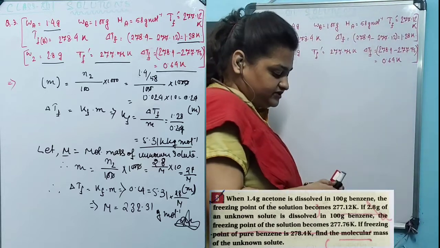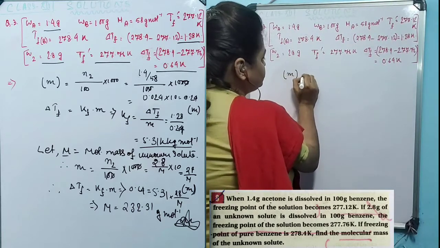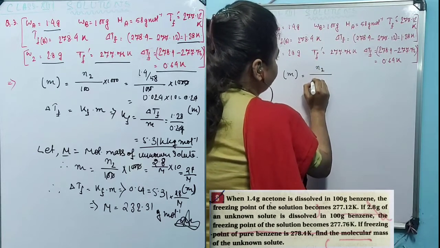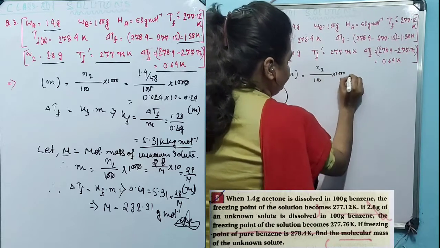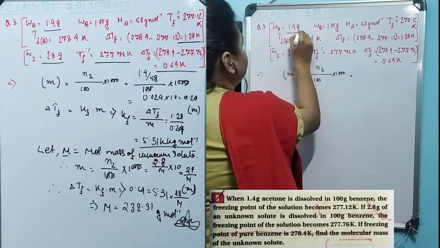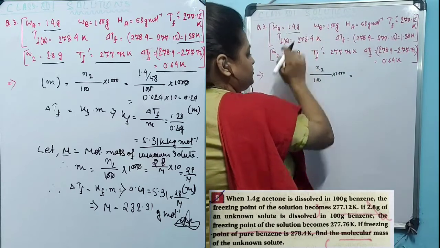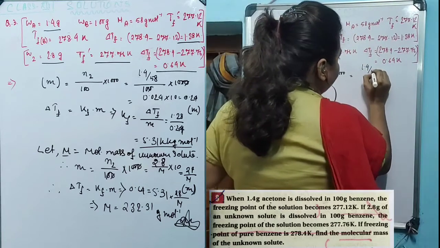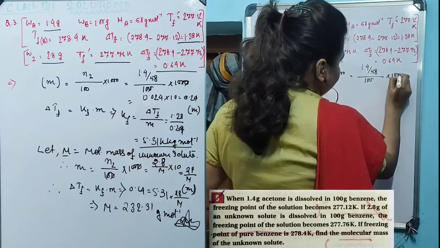So from this set 1 information, we can find out the molality of the solution of acetone and benzene, which is the mole number of acetone by the mass of benzene, which is 100, multiplied by 1000. The mole number of acetone is the given mass of acetone, which is 1.4, by the molecular mass, which is 58, by 100 into 1000.